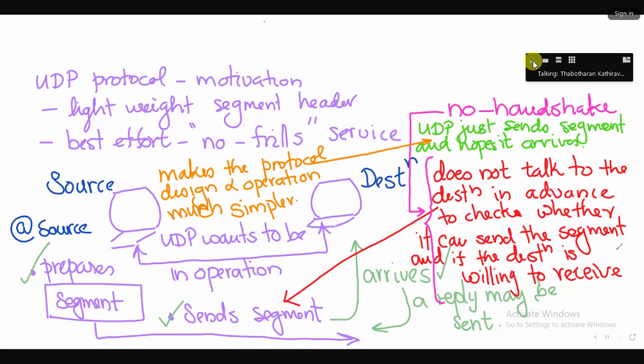They don't need to bother too much whether the other party is ready to receive, whether they can acknowledge, a lot of things. That is not here. So UDP allows us to design simpler protocols, and simpler protocol design implies that our application can also be designed without much trouble.